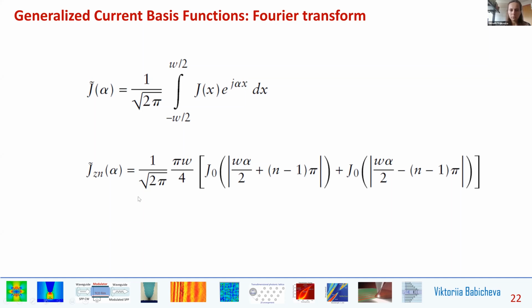And this expression involves the Bessel functions of order 0. And the latter current basis functions on the strip may be used to model equivalent magnetic current distribution in the slots, again because of the complementary nature of the strips and slots.